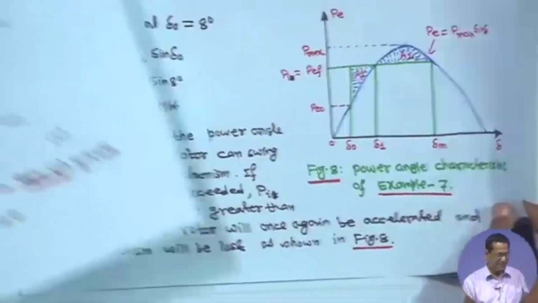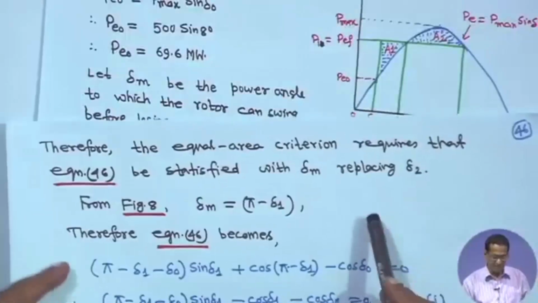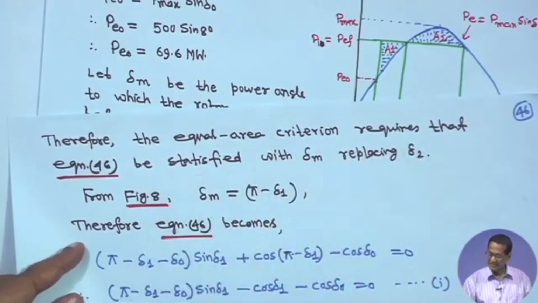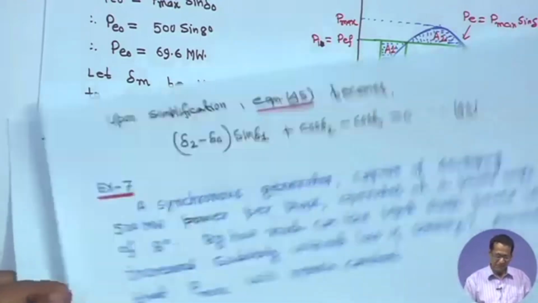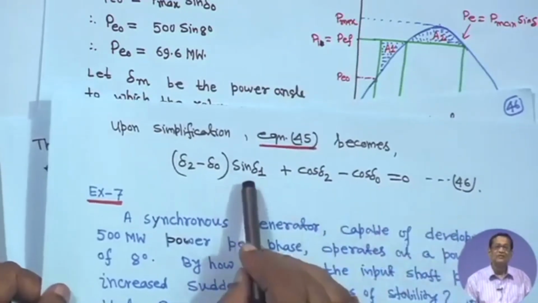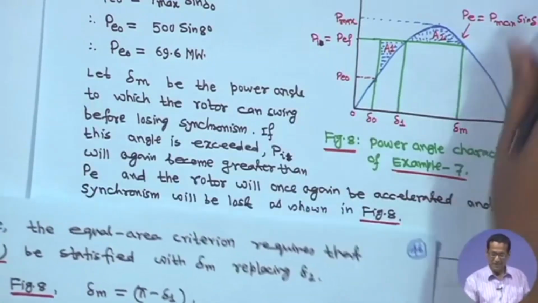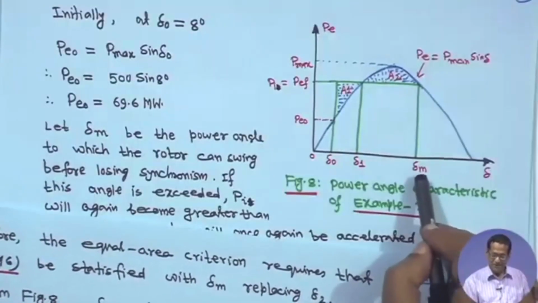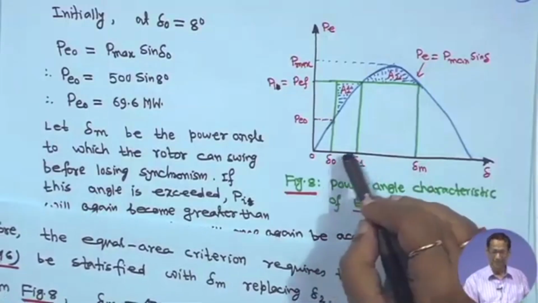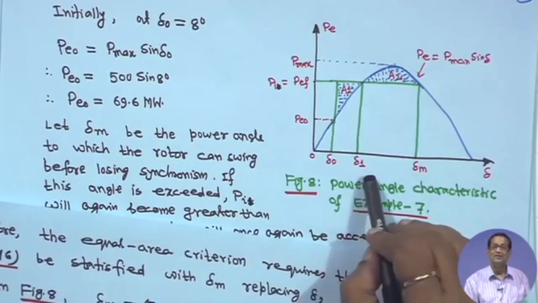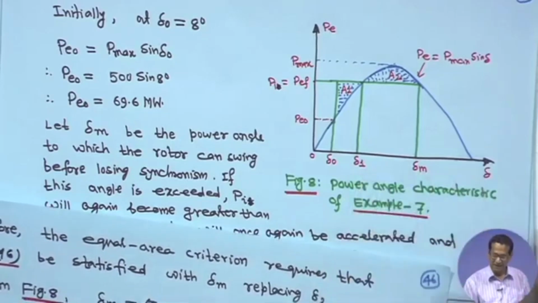Now, from this figure and the equation we have derived, the equal area criterion requires equation 46. In this equation, from this graph, this is a sine curve, so from symmetry delta m is equal to pi minus delta 1, because this is pi.